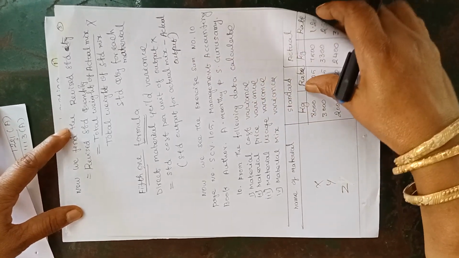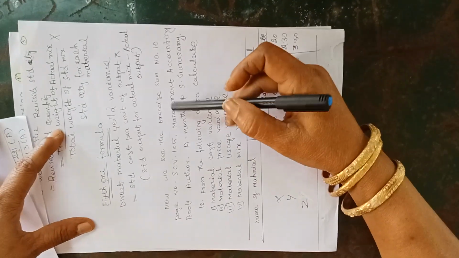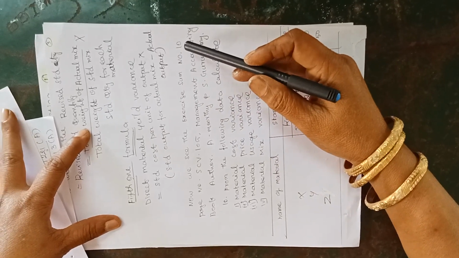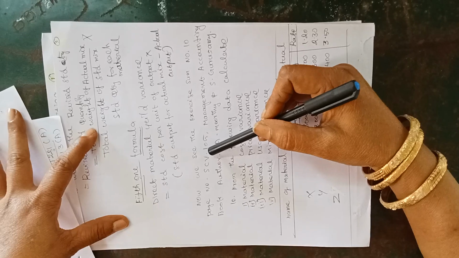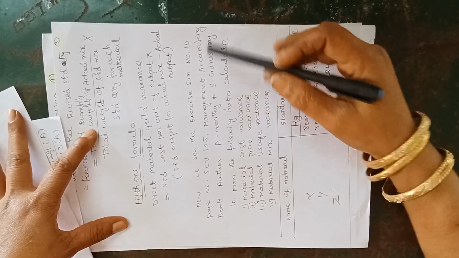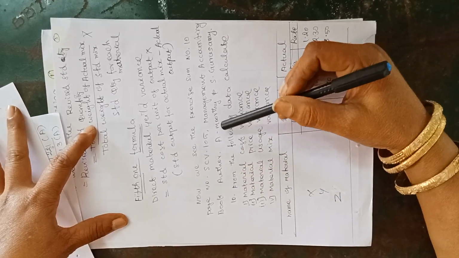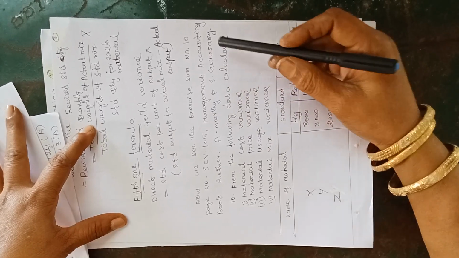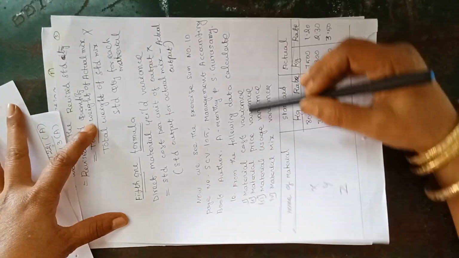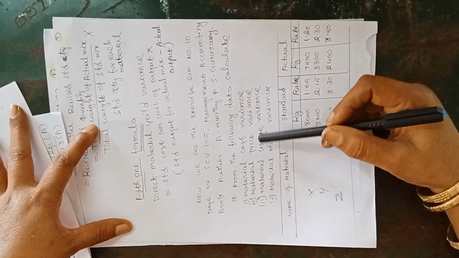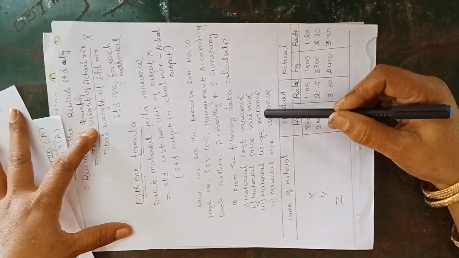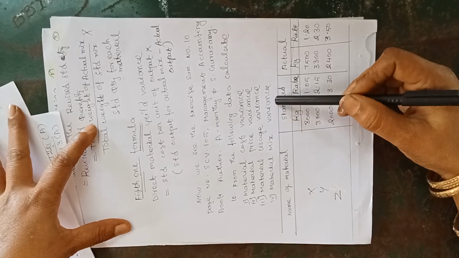Now we see the exercise, sum number 10, page number 105, Management Accounting, book author A. Murthy and Gurusamy. From the following data calculate material cost variance, material price variance, material usage variance, material mix variance.